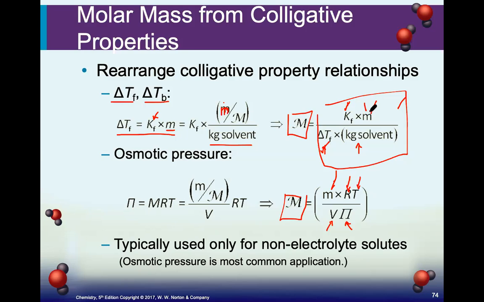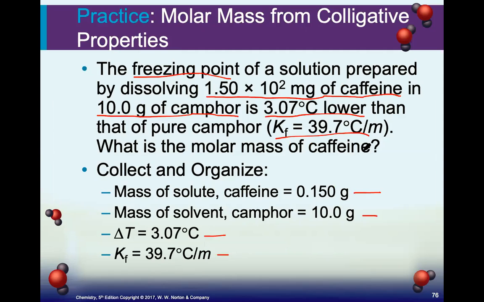We need to put it into grams, because this will be molar mass in grams. And do we have the mass of the solvent, the camphor? I believe we do, and if we do, then we are all set. Yep, we have the mass of the camphor, 10 grams. We need to convert this to kilograms to be able to use it.